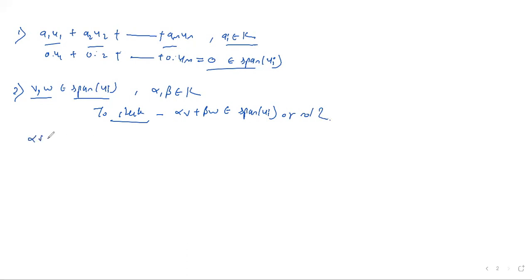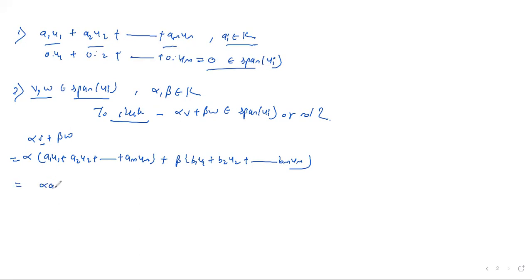I have alpha v plus beta w. What is the vector v? It is a linear combination, let's represent it as a1 u1 plus a2 u2 up to am um, plus beta times w, which is another linear combination, b1 u1 plus b2 u2 up to bm um.